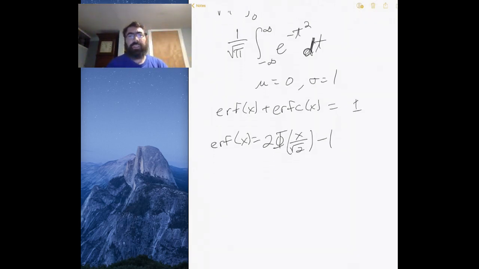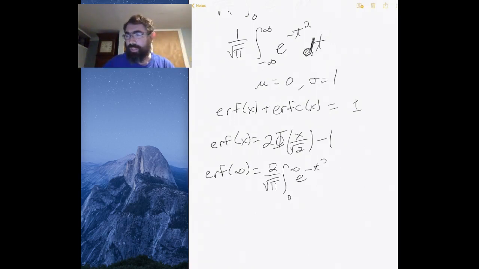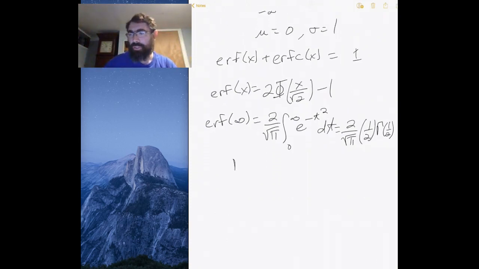If I was to say, look at the total range and say, what is the error function for an x equal to infinity, then what I would get is 2 over the square root of pi, the integral 0 to infinity, e to the minus t squared dt, which in the end would give me 2 over the square root of pi times 1/2 times the gamma function of 1/2, which we looked at in earlier lectures, and the gamma function of 1/2 is the square root of pi.